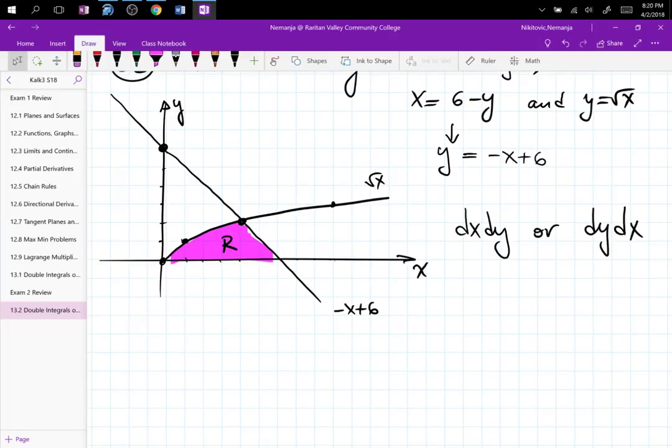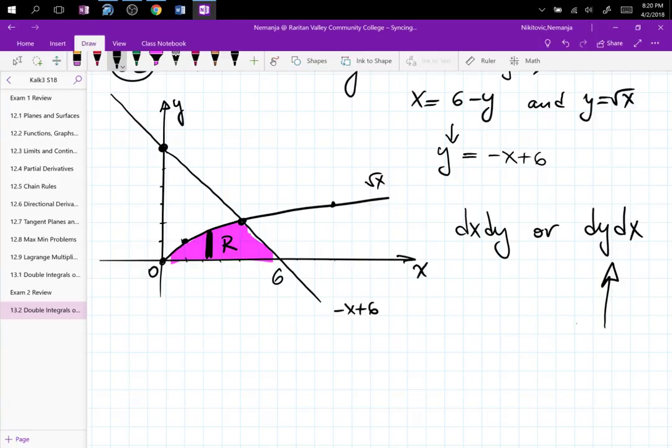Well, if I'm going to use the one that we pretty much always used, which is dy dx, that means that dx is the main integral, and I need to draw a representative dx. Now we see that for dx it's going to be easy, right? Because the limits are 0 to 6.